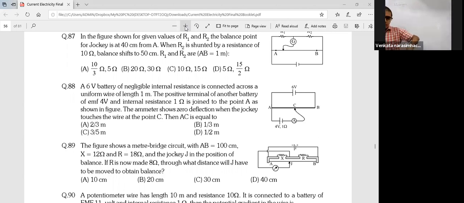We drew the primary circuit on the lower part, they drew the primary circuit on the upper part. Solve the 88. I'll just be back in a minute.